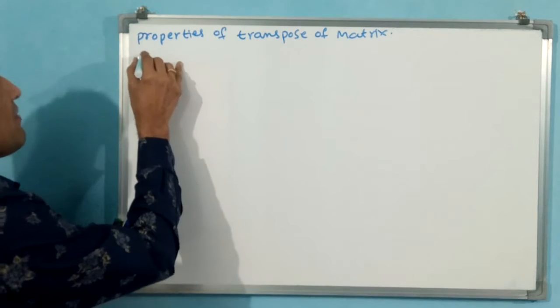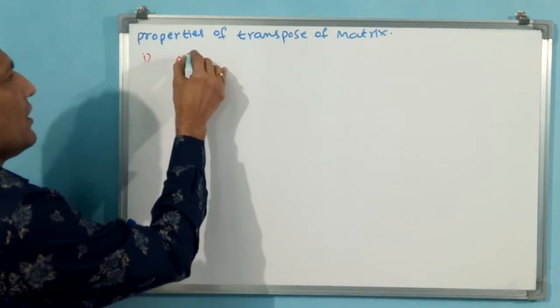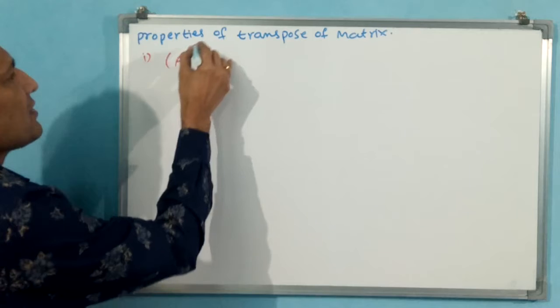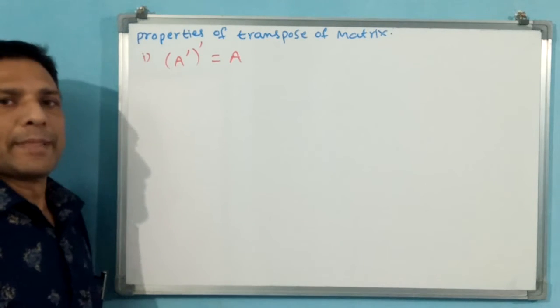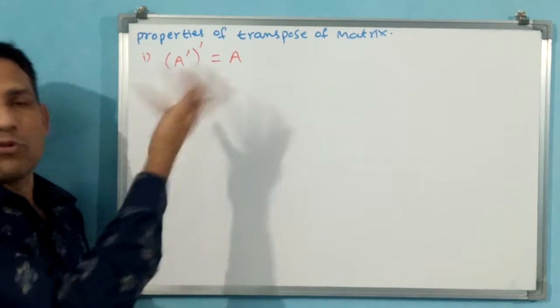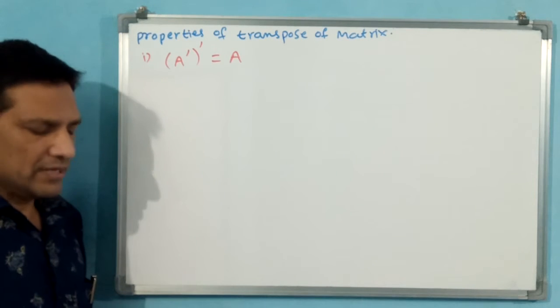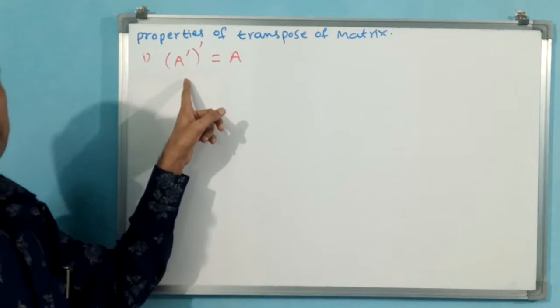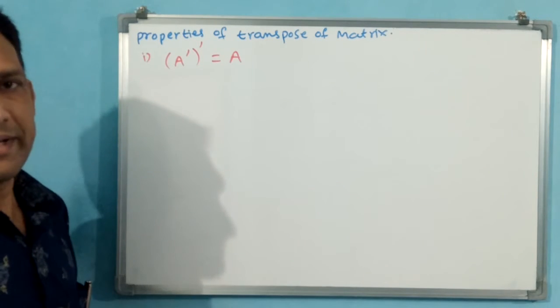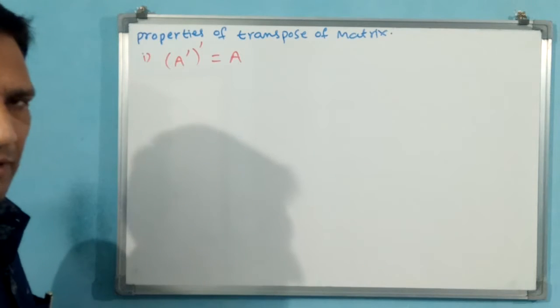See the first property that I am writing. A transpose whole transpose is equal to A. That means transpose of the transposed matrix is equal to the normal matrix. Like that we want to say. Let us see one simple example.